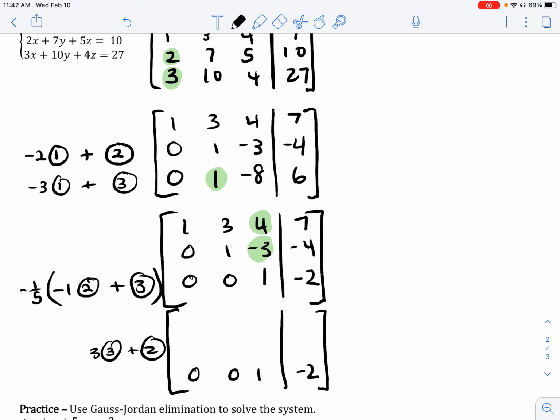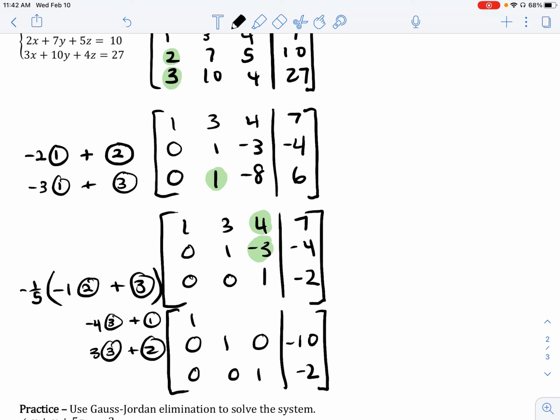That would give me 0, 1, and 0, and this would give me -10. And then if I want to eliminate that +4 in row 1, I'm going to multiply row 3 by -4 and add it to row 1.